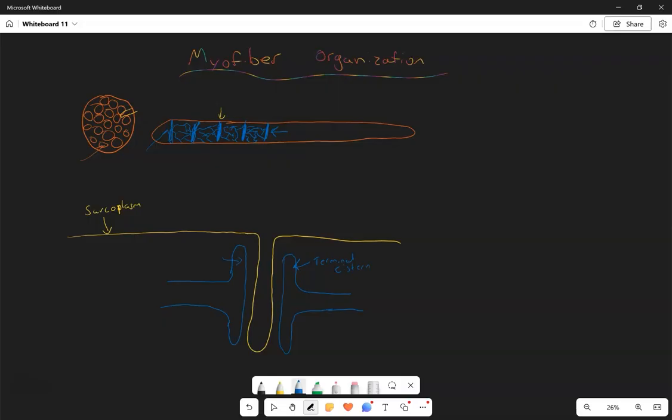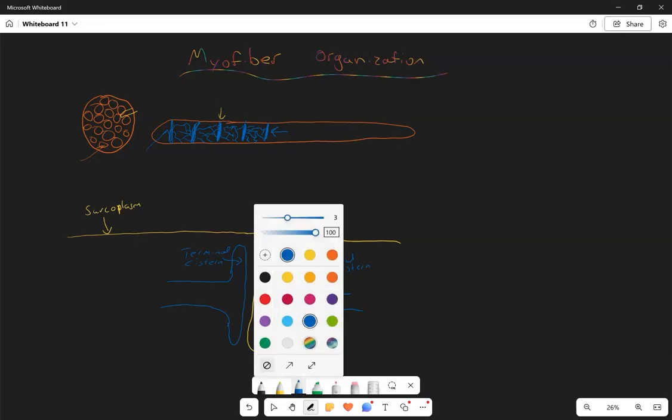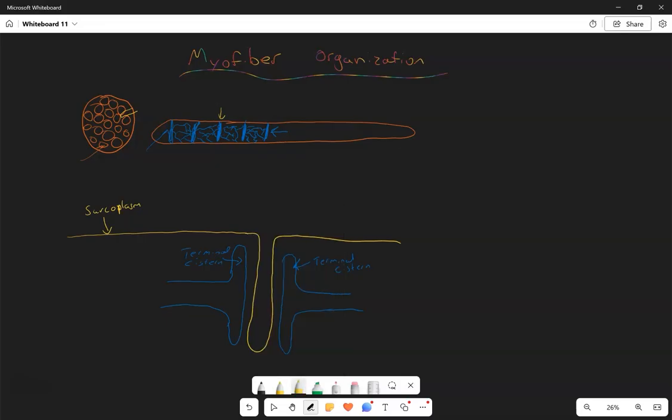And this deep invagination in the sarcoplasm is known as a T-tubule. And so what you have is terminal cistern, T-tubule, terminal cistern.